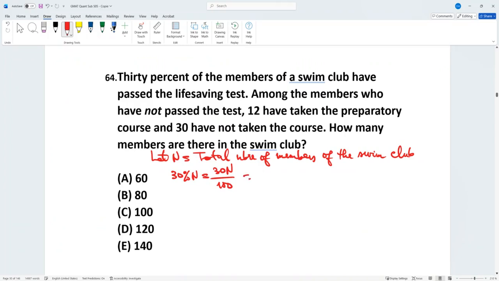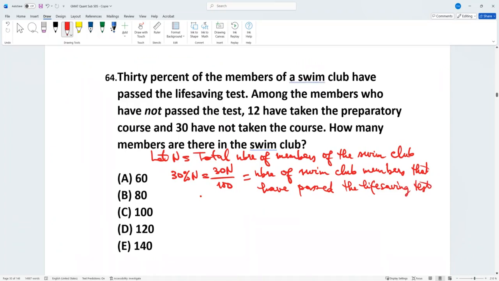Okay, this is actually equal to the number of swim club members that have passed, like it says in the prompt, the life-saving test.